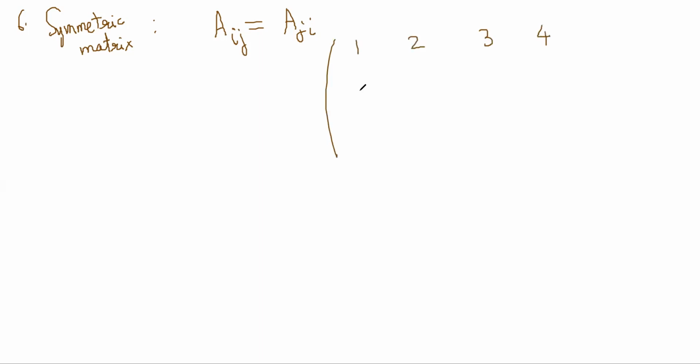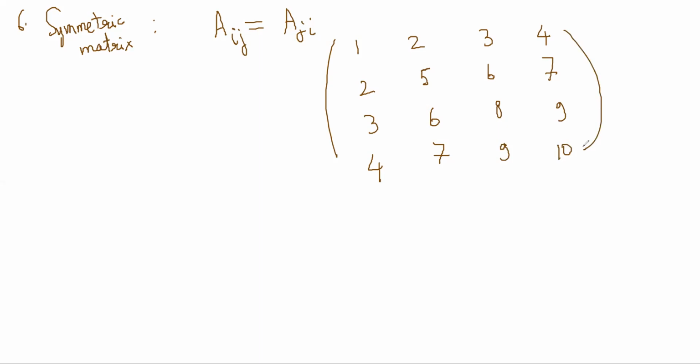Then there is a symmetric matrix. A symmetric matrix is defined by the simple rule that it is a matrix which satisfies this property: Aij is equal to Aji. Aij is equal to Aji means it will be like this: 1 2 3 4, 2 5 6 7, 3 6 8 9, 4 7 9 10.